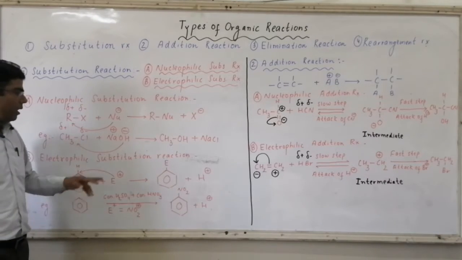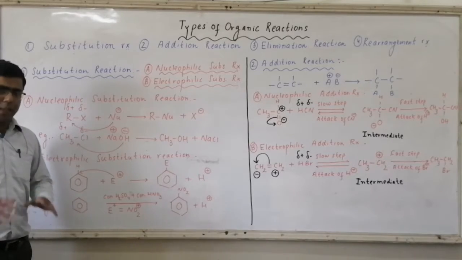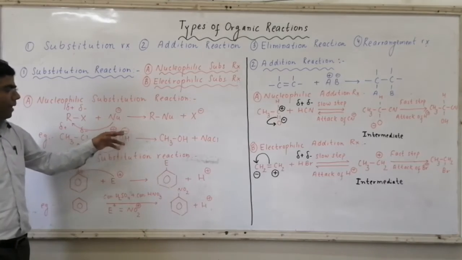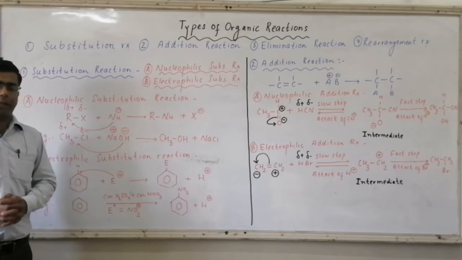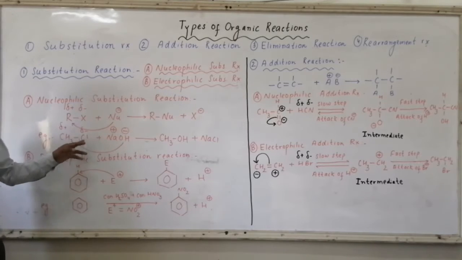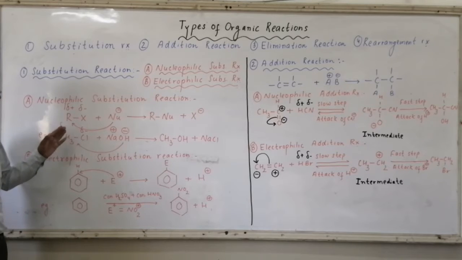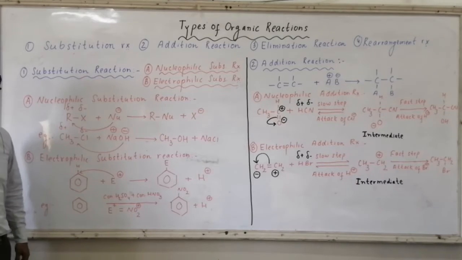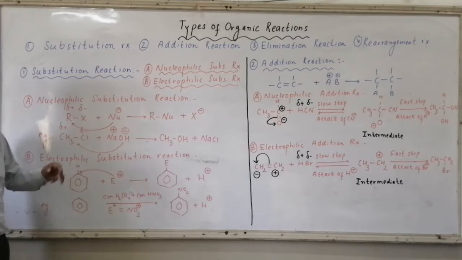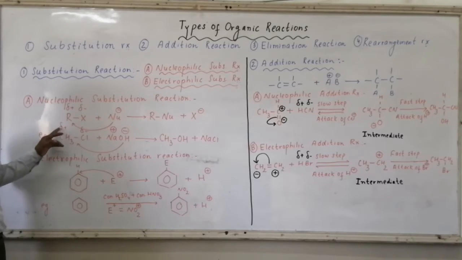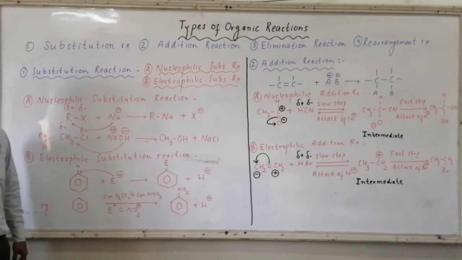So in NaOH, Na+ forms the electrophilic part while OH- ion forms the nucleophilic part. Cl is more electronegative than carbon, so Cl will attract the shared pair of electrons towards itself, as a result of which delta minus will be developed over chlorine and delta plus will be developed over carbon atom.